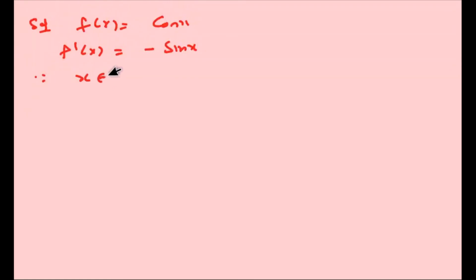Now, the question is given f(x) equal to cos x. So, we can say f dash x equal to minus sin x. Now, I will check about sin x. Since x belongs to 0 to pi, sin x is greater than 0 in this interval.